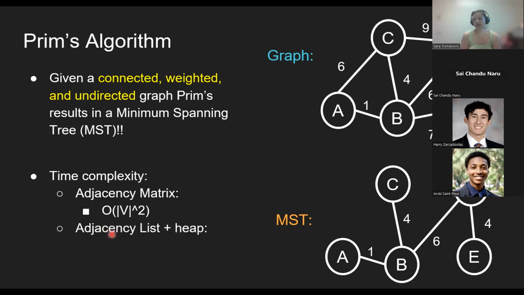And if you have an adjacency list and a heap, it will be O(E log V), log V for the heap operations, and E for the number of edges in the adjacency list.